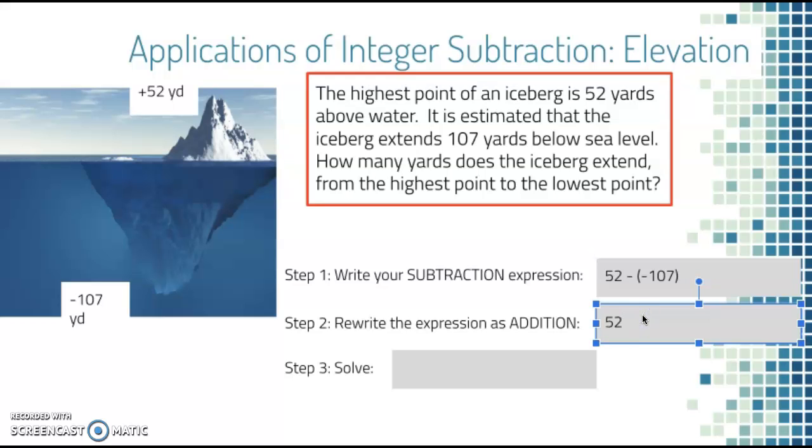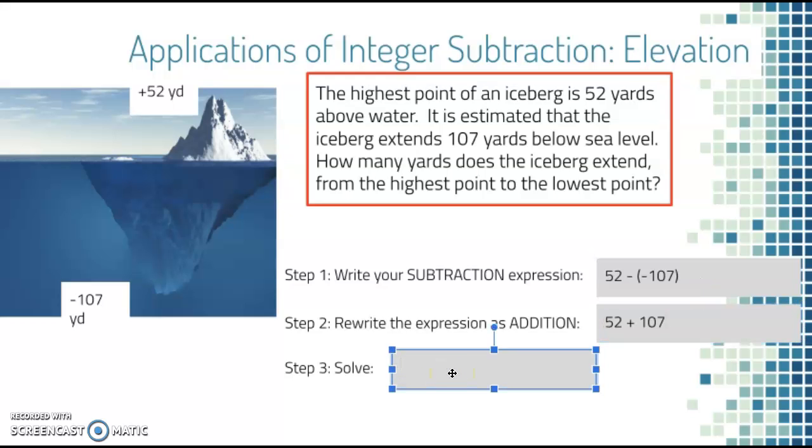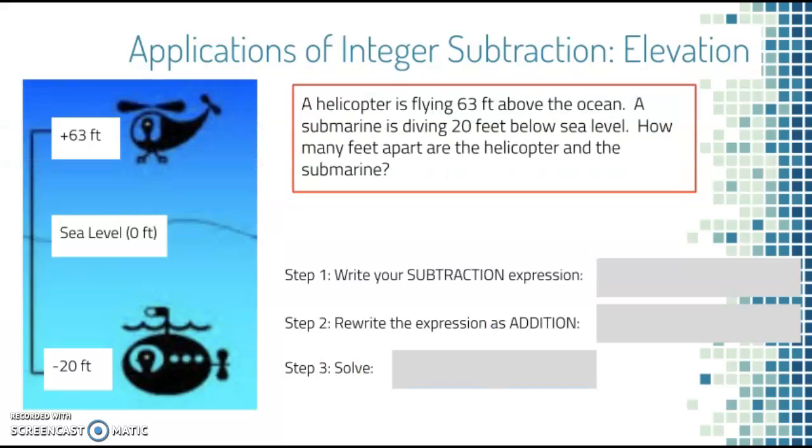Keep the sign of the first number, change subtraction to addition, and then change the sign of the number after it. So now it's positive. Now we can add those together to find the overall distance, which would be 159 yards. Try the last example on your own in your notes.